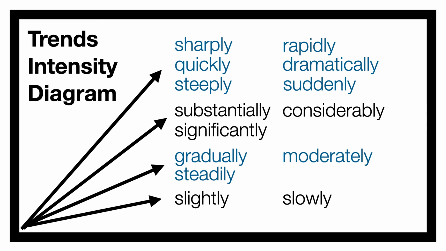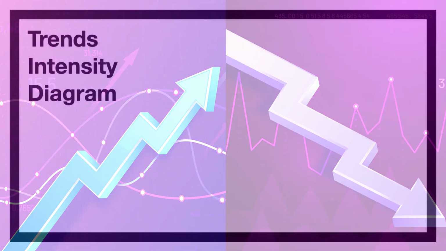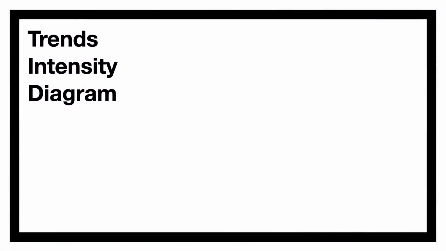So the higher the arrow, the greater the intensity of the adverb. I will teach you how to use this. The trends intensity diagram can be used for upward and downward trends. Let's have a look at the first and highest arrow plus the first 6 adverbs.